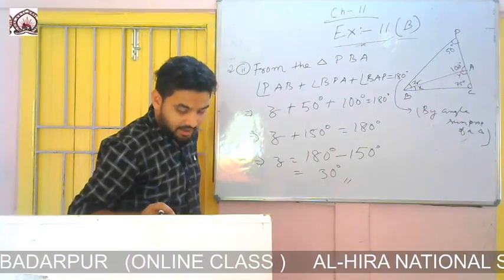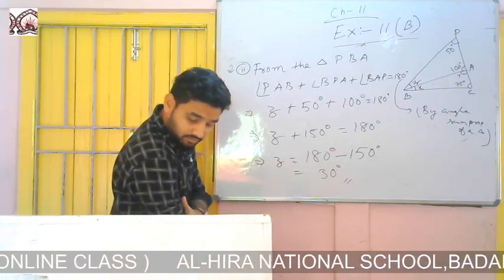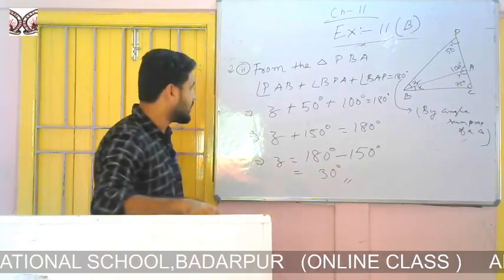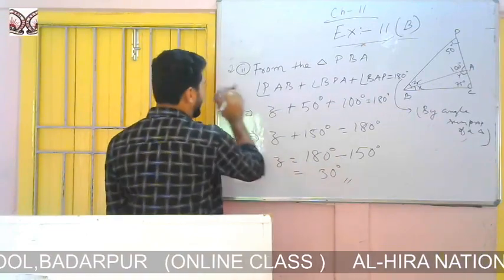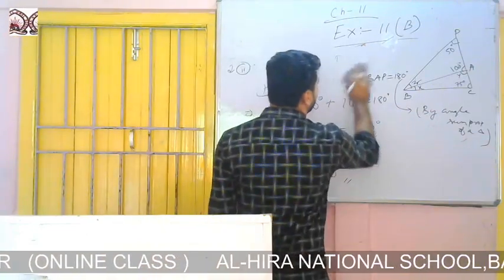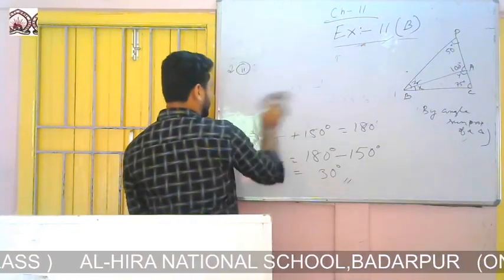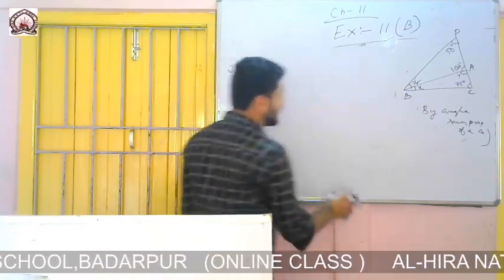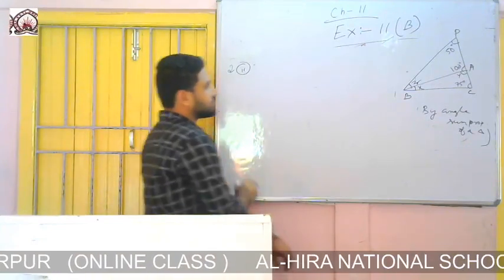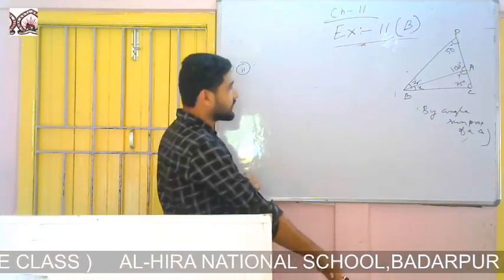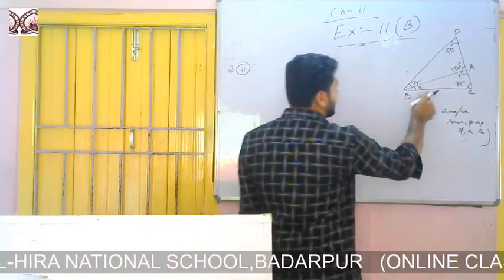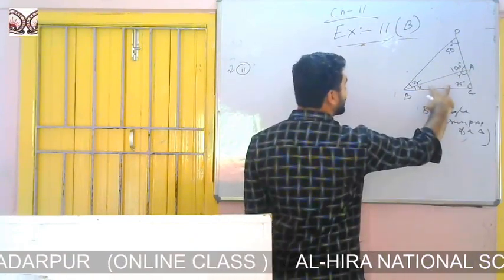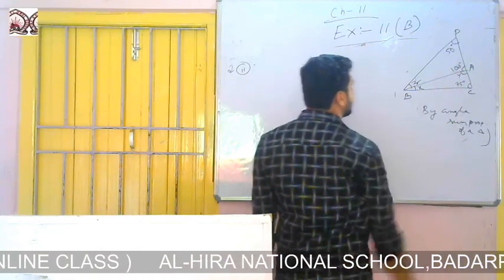Now we can find angle X. You see how to find angle X. If I take the triangle ABC, then these are the two interior opposite angles and 100 is the exterior angle.